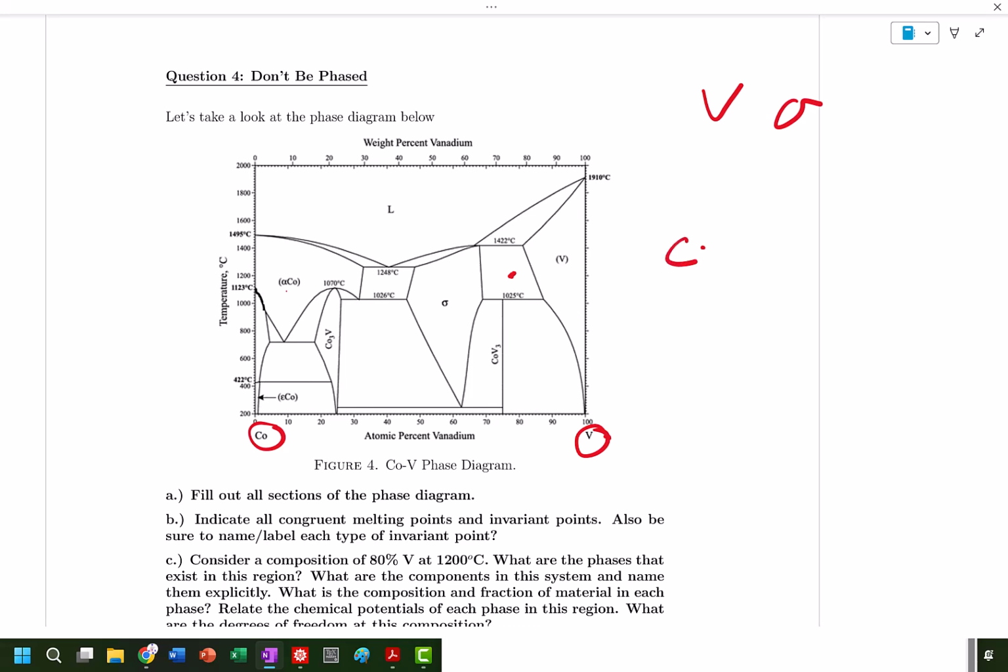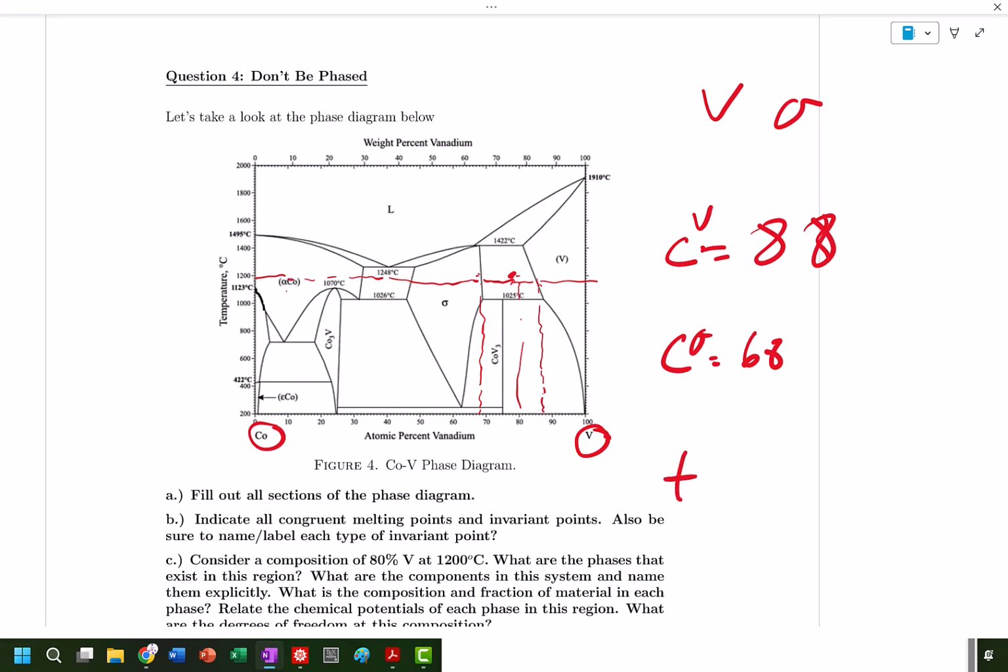What is the composition fraction of each material? So the composition that's in my vanadium phase, if I'm looking at this temperature approximately here, so if I go down here, let's call the component that's in sigma about 68. And then here, I'm going to call it 88.